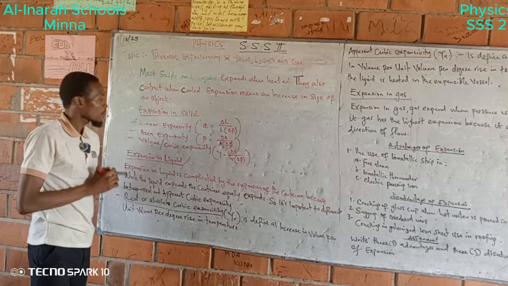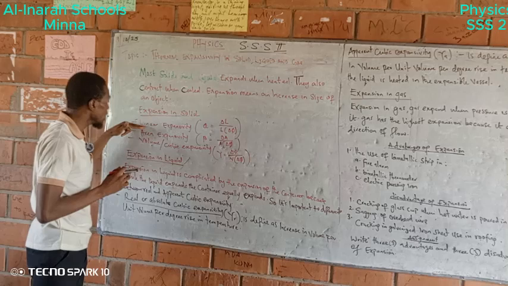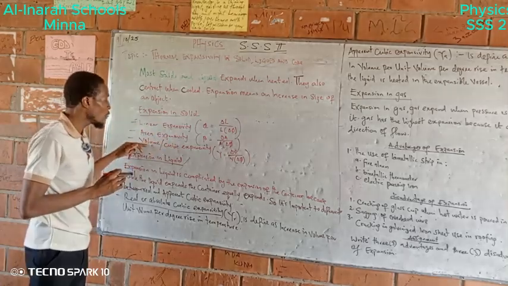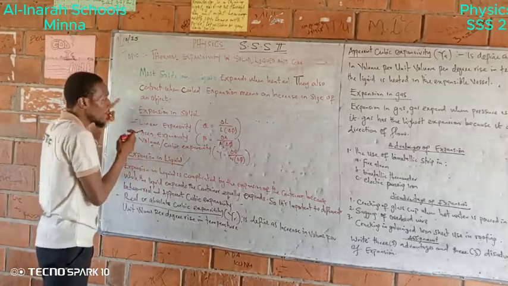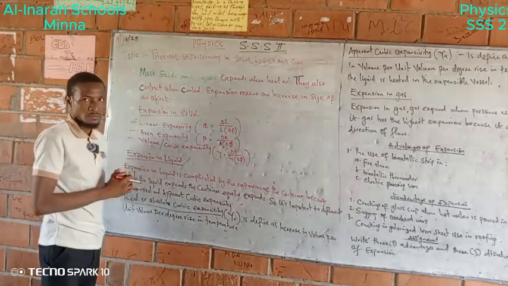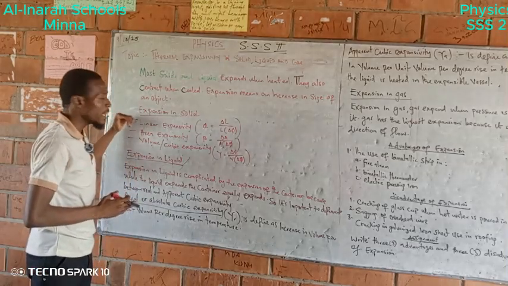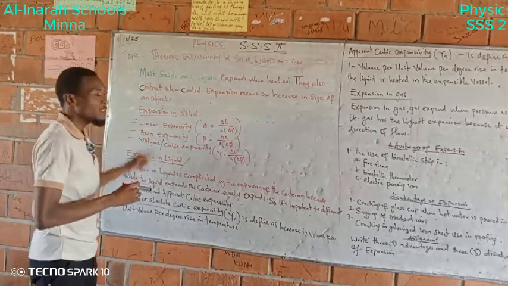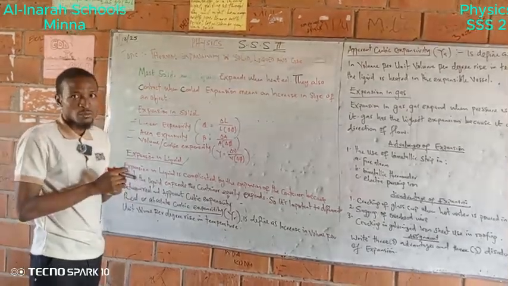Expansion in solids comes in different forms: linear expansivity, area expansivity, and volume or cubic expansivity. Volume or cubic expansivity applies to solids and liquids, but mostly to liquids. From our previous model, we already know linear expansivity is the increase in length per unit degree rise in temperature.